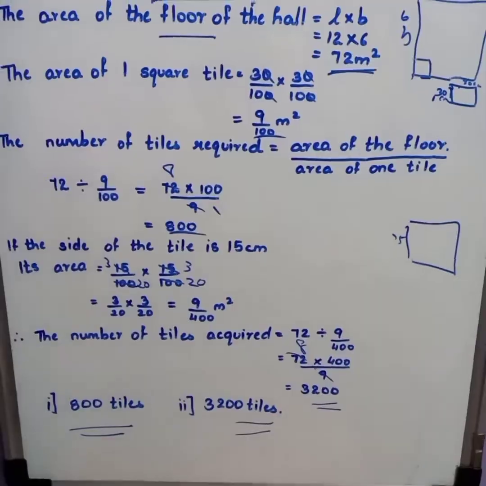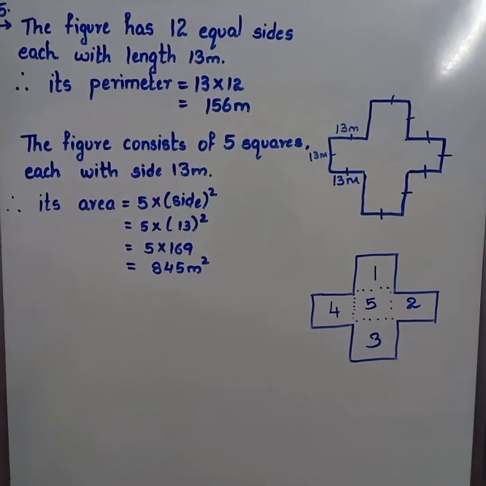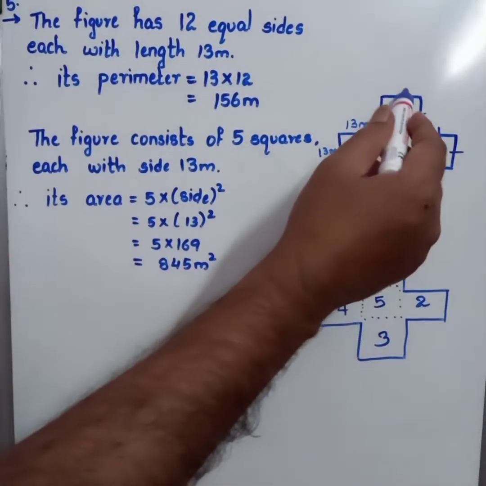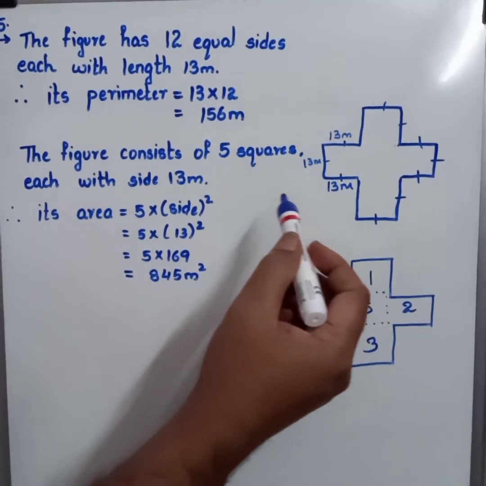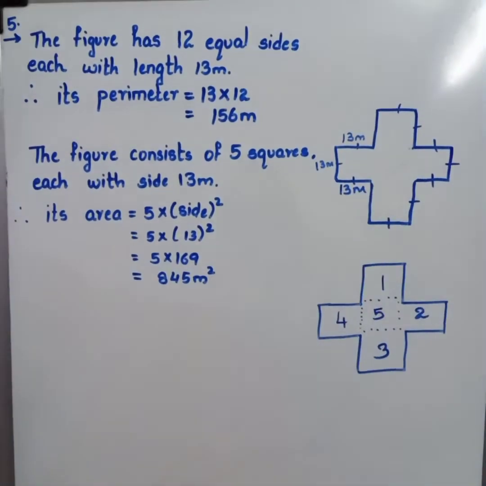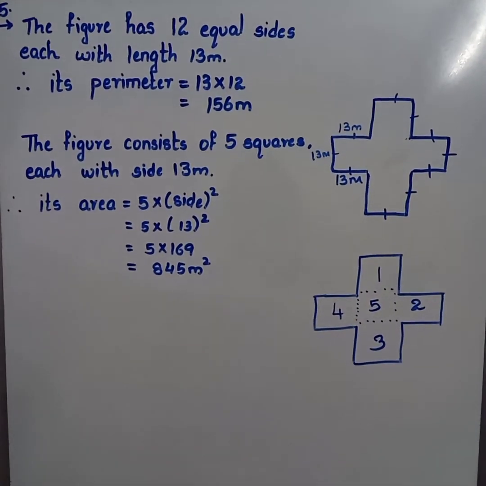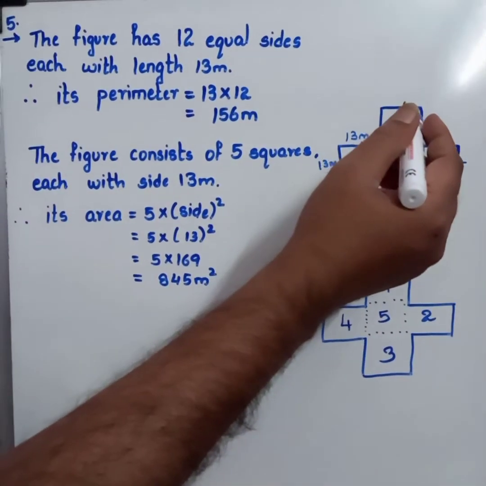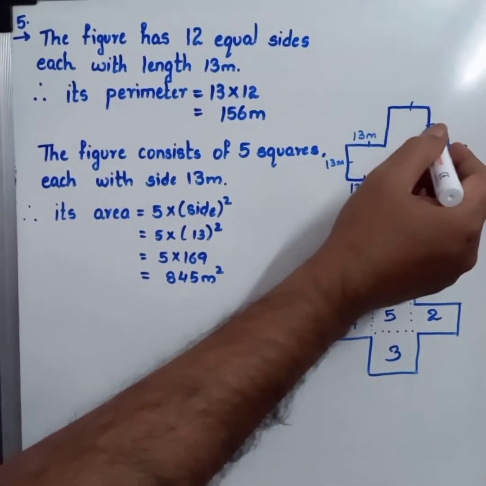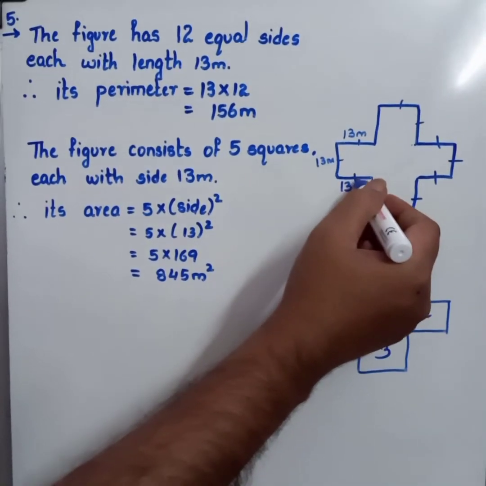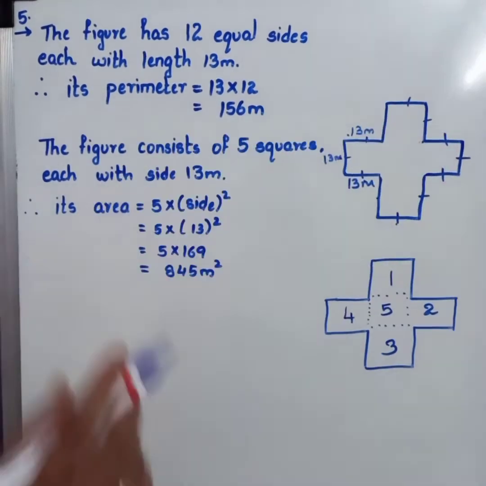From the information given in the figure, find the perimeter and the area of the garden. There's a garden shown over here and the sides have been given. We need to find the perimeter and area of the garden. The figure has 12 equal sides. See, 1, 2, 3, 4, 5, 6, 7, 8, 9, 10, 11, 12.